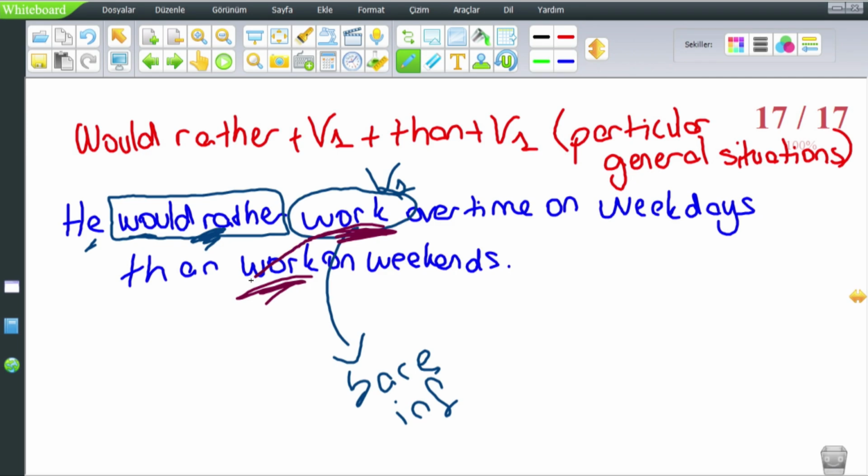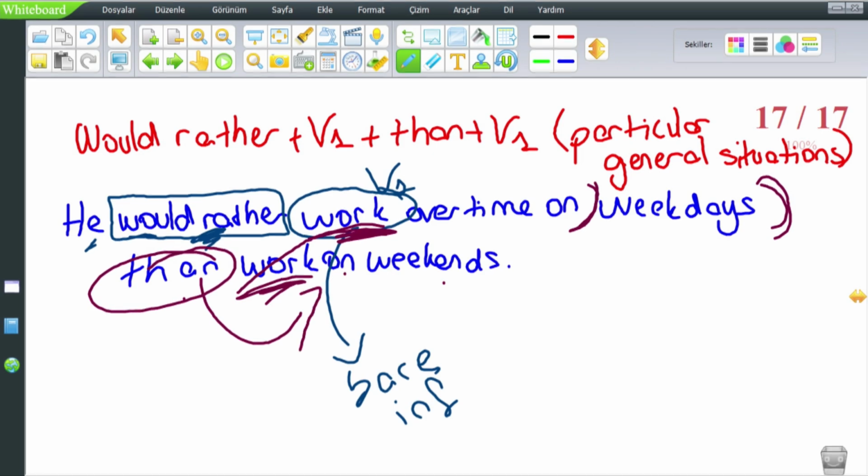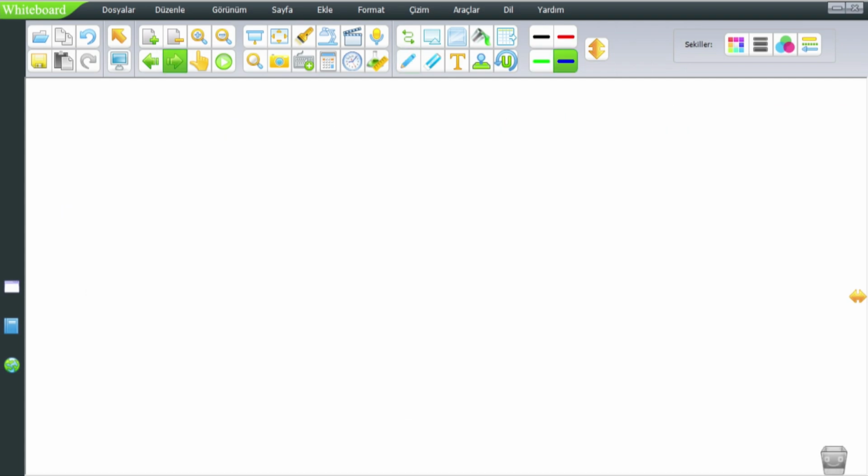So I could omit this. I could just say than on weekends. They are both correct. And after the thing that the subject has chosen, I used than. And after than, I put at the end of the sentence the thing that the subject didn't choose.